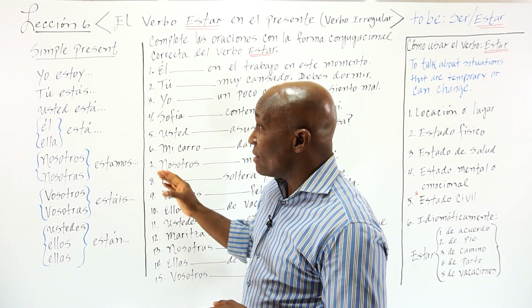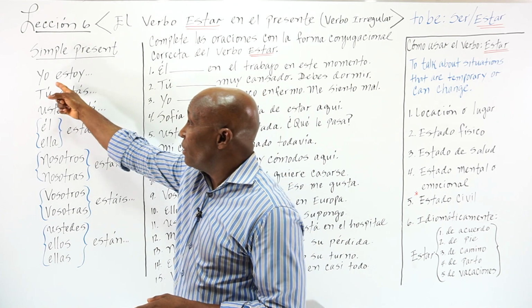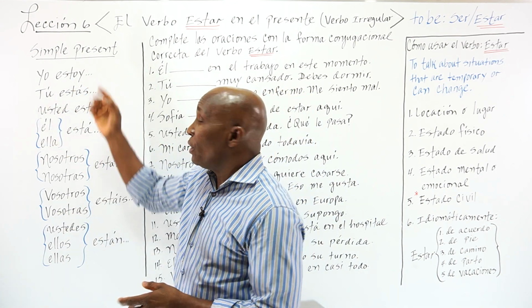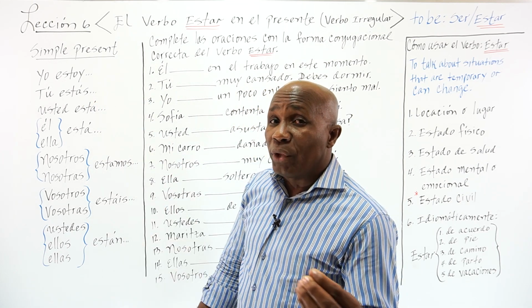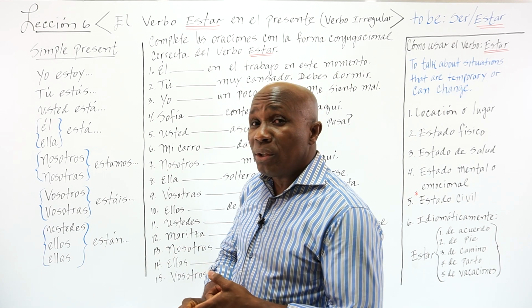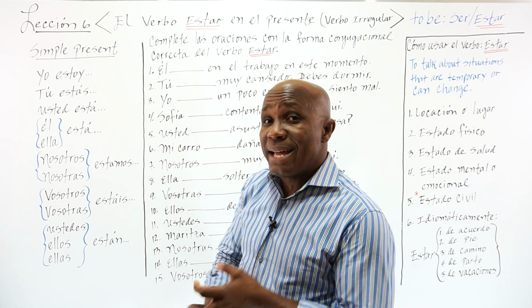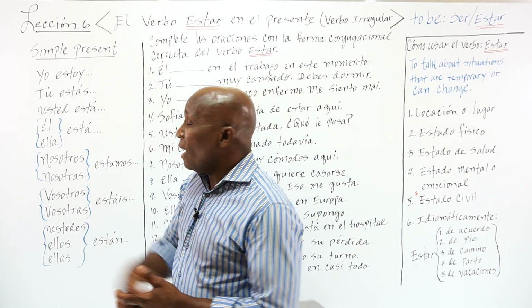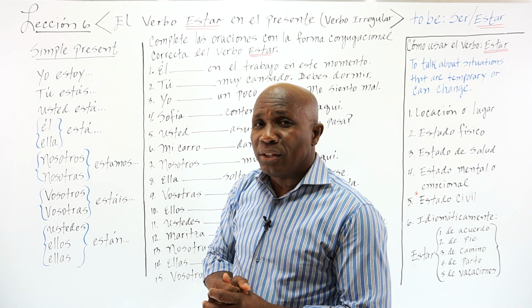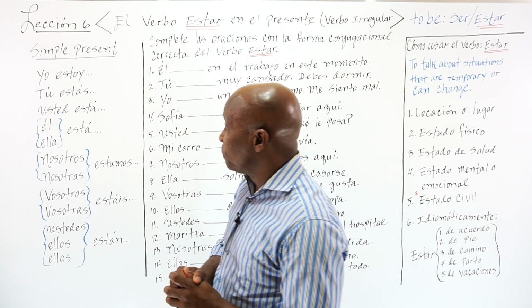Not in all the cases, because, for example, yo estoy doesn't have an accent mark. This word is aguda, but it doesn't end in a vowel, N or S. That's why we don't mark the stressed syllable here.